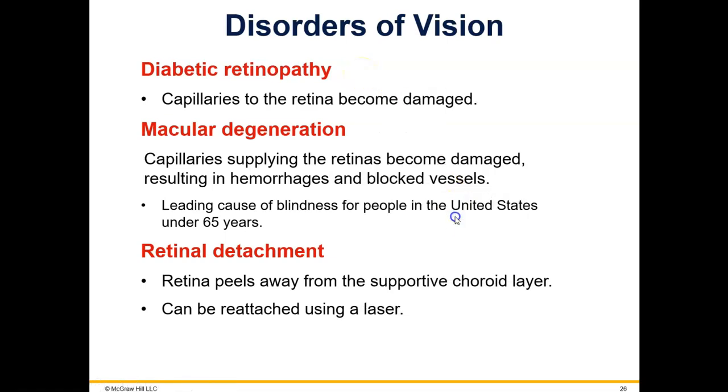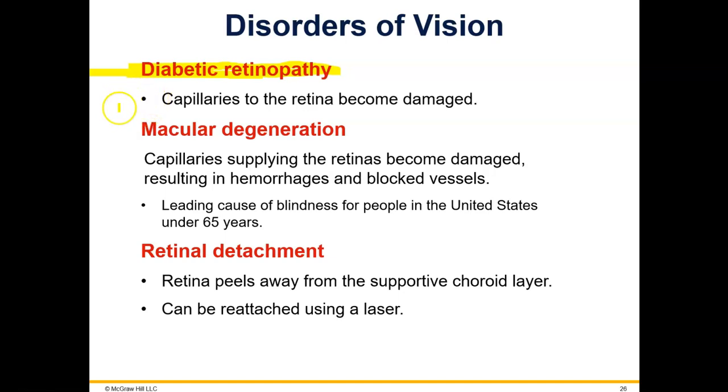Now, some disorders of vision. Diabetics can have a disorder called diabetic retinopathy. If you are diabetic, and I am, and my daughter is, we have to have a vision exam every single year, and they always check our retina, because the eye doctors told me many times, they can often detect problems with your diabetes.